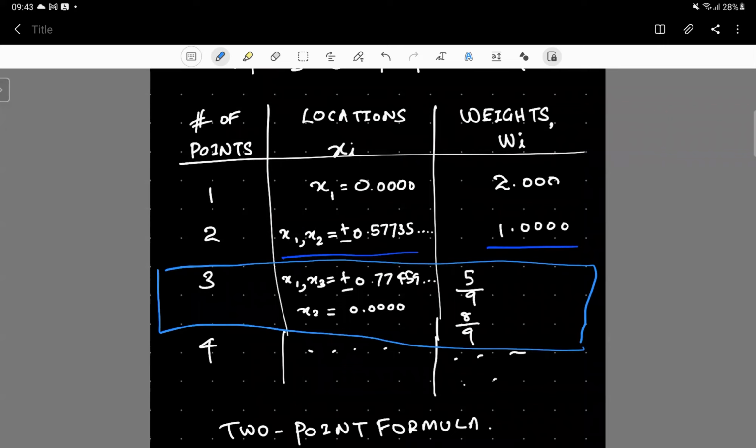Just give it a try. x1 and x3 should be plus or minus 0.77459. The x2 value, which is at the very center, corresponds to 0. And the respective weight factors, which have to be multiplied with the y1 and y3 values, are 5/9. And the weight factor which has to be multiplied with the y2 value is 8/9.